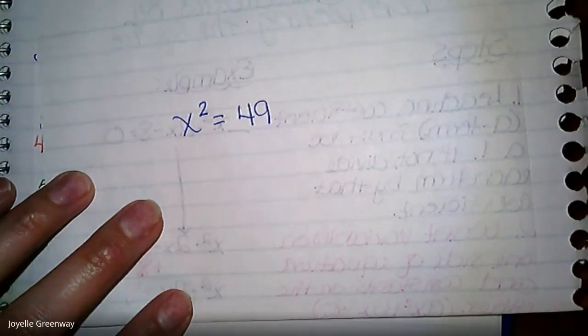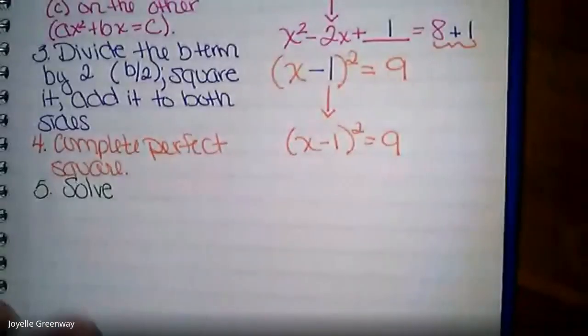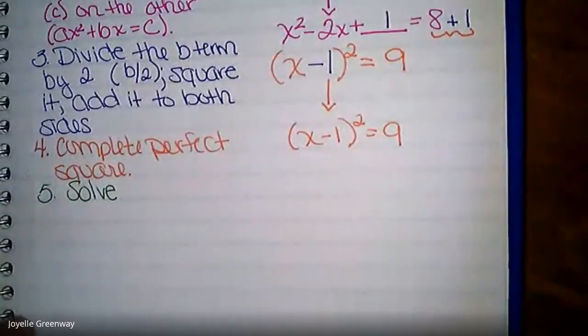And a long time ago, I asked you to keep in the back of your head that with squares or roots, there's always 2 roots, right? So if I take the square root of x squared, that gives me x. The square root of 49 is 7, and it's also negative 7, right? So we can write that as plus or minus 7, okay? So we're going to solve this in the same way.